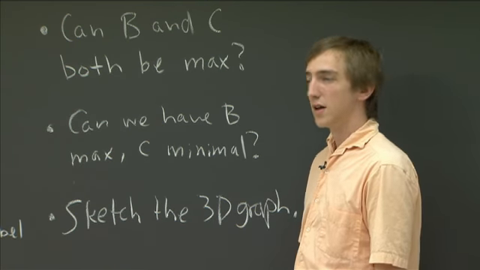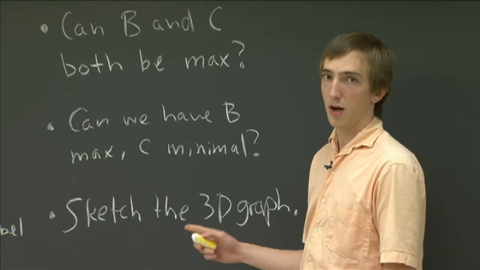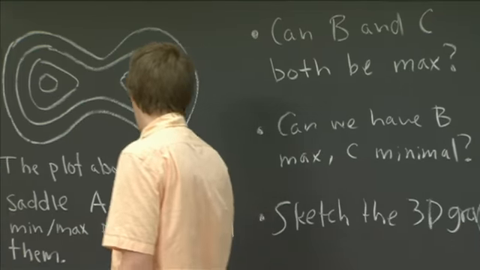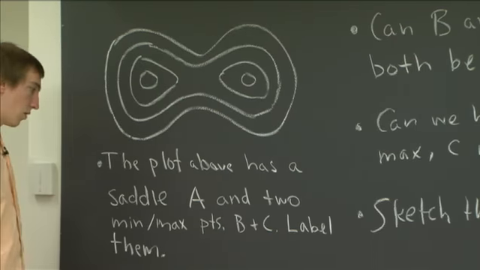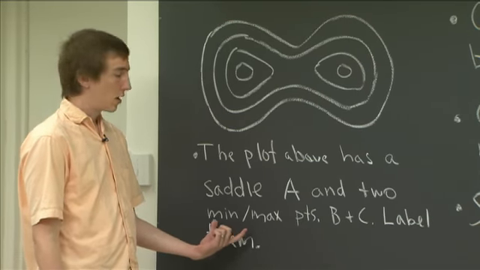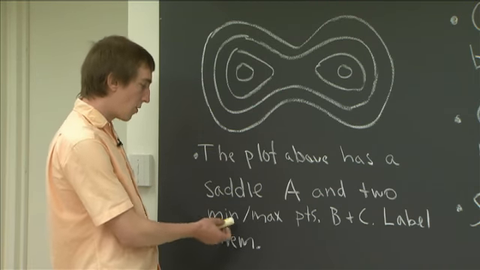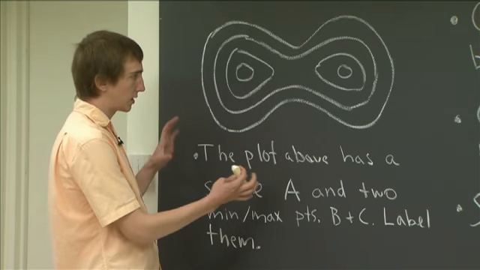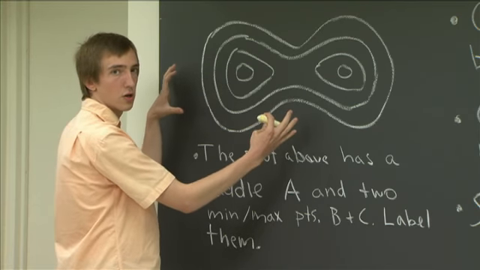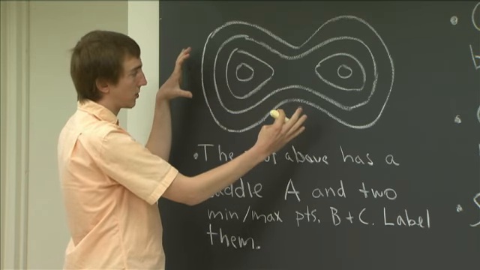Hello and welcome back. So to get started, why don't we answer the first question by writing the points right on our original graph. Now, when we're looking for a minimum or a maximum on a contour plot, the thing that we should keep in mind is that a minima or a maxima is always going to be contained in concentric contours that are either approaching the minimum from above, or approaching the maximum from below.